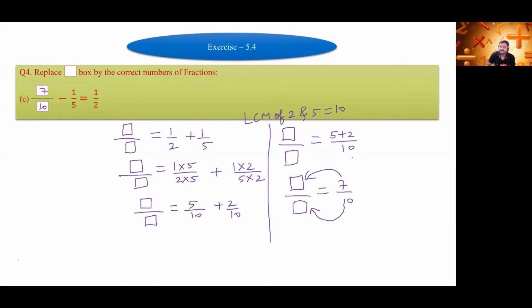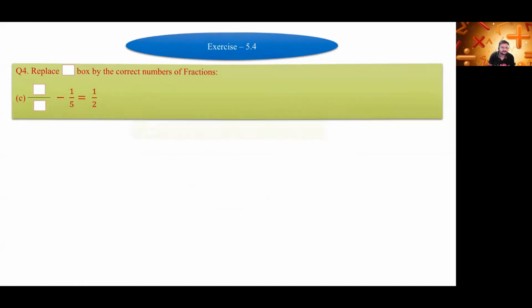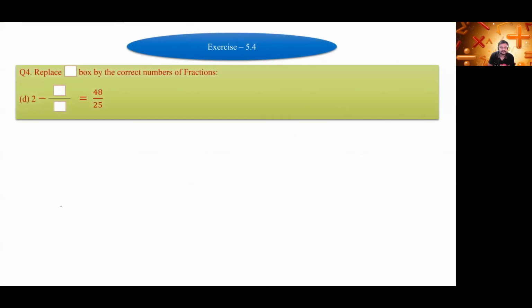Okay. Next one. Yes, Bhumi. Yes, sir. There's just a whole number 2 there, so no problem. We can write 2 like this also, not 2 by 1.